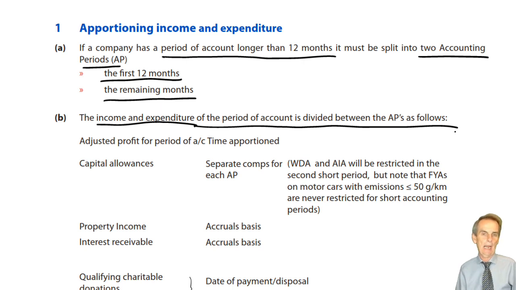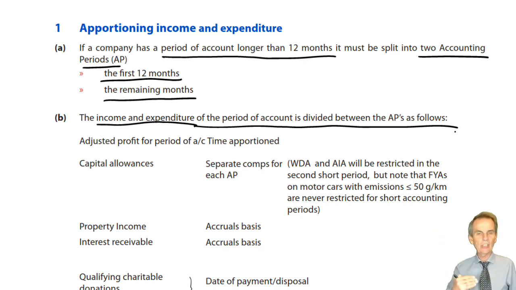So you take your accounting profit as you normally would, you add back the non-allowable expenses, and you take out any sources of income or indeed gains which are clearly not trading income, to derive the trading income figure, adjusted through the adjustment of profit process, but prior to deduction of the capital allowances.